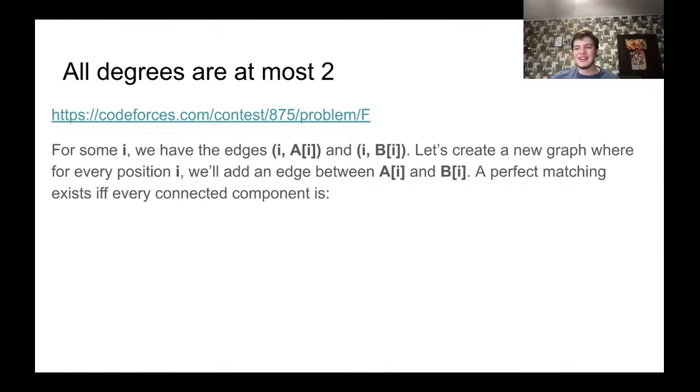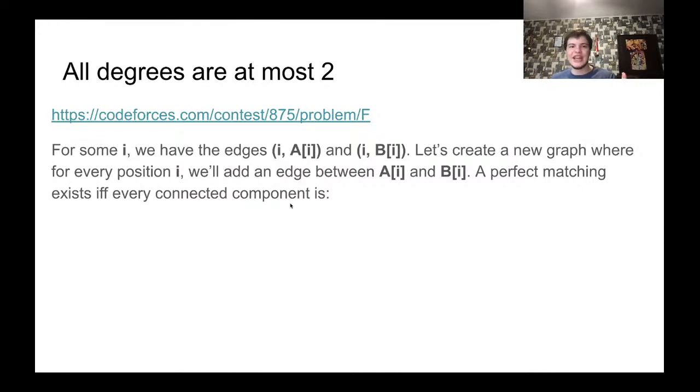In some sense, we had this bipartite graph, and we create a new graph which won't be bipartite in this case. Every position, which was a vertex in X, will now represent an edge between AI and BI.